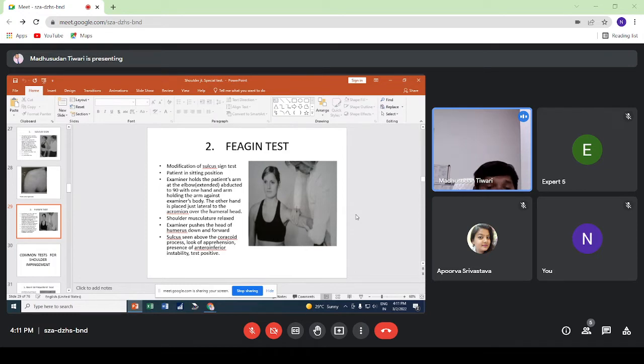A sulcus is seen below the acromion process. A look of apprehension, or the presence of anterior inferior instability, shows a positive test, or the inferior dislocation. See, the meaning of this type of test is to glide the head of the humerus inferiorly and anteriorly.